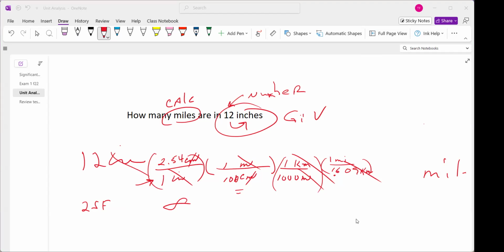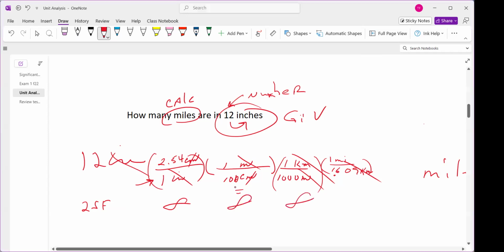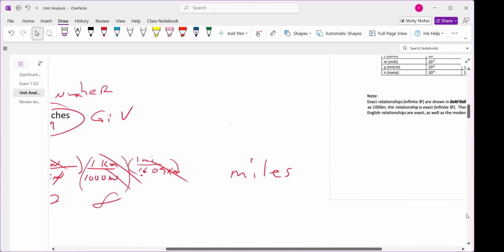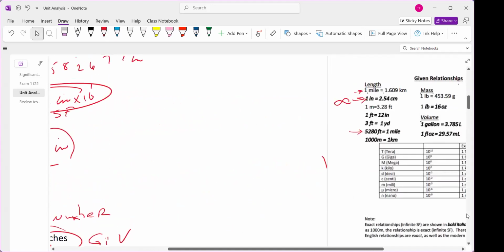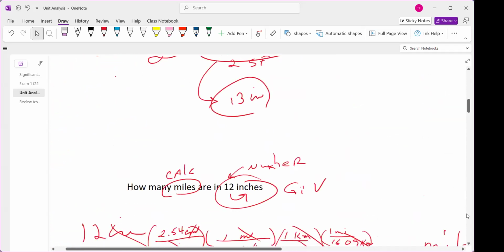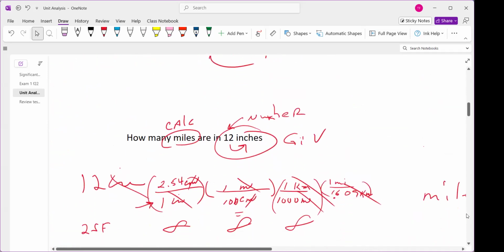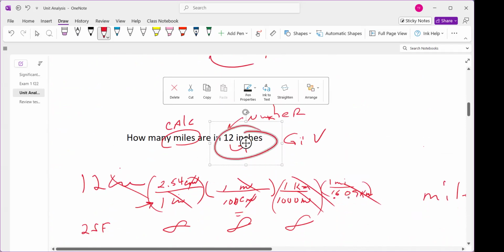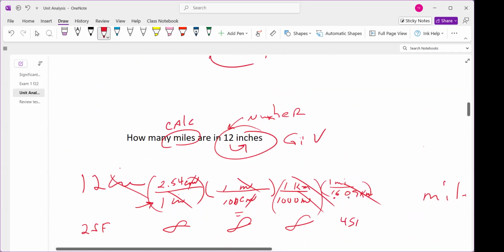That means they're perfect, so that's infinite, infinite, infinite. And is this one bold-faced? Check it out. No, it's not bold. So that means we have to calculate the sig figs in there. So our answer is going to be 2 sig figs.